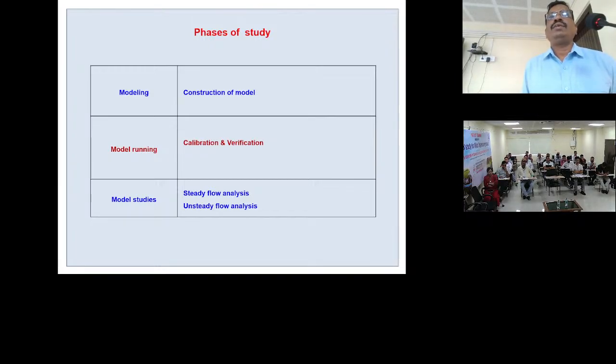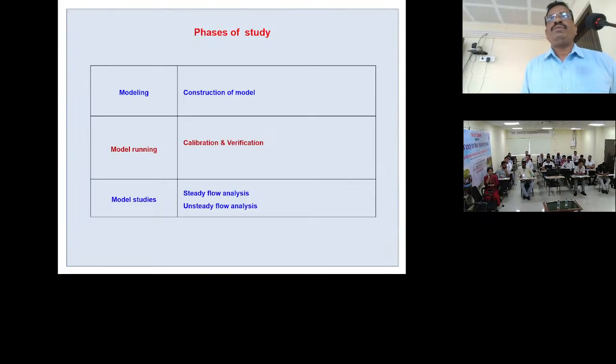The phase of study is first modeling. First we have to construct a model by using the parameters and the detailed drawings of the hydraulic structure. After that construction, we have to calibrate or validate the model by using the data which is given by the project authority. So known discharge or water level data we are using for the calibration of the model.